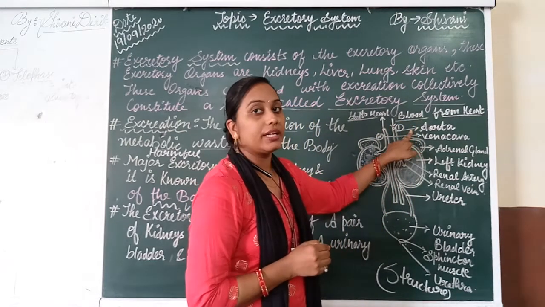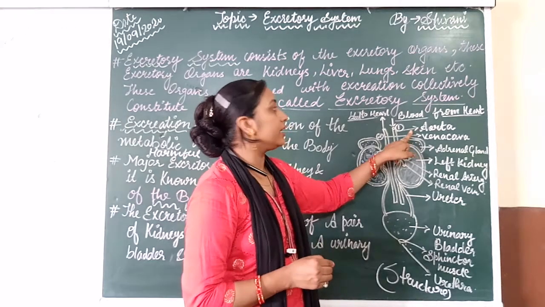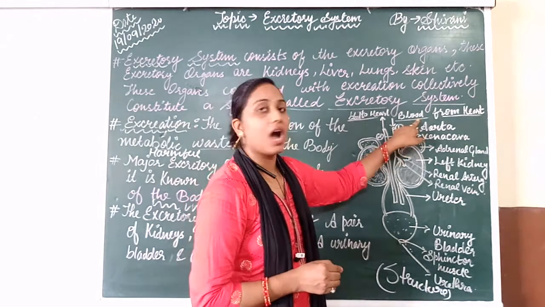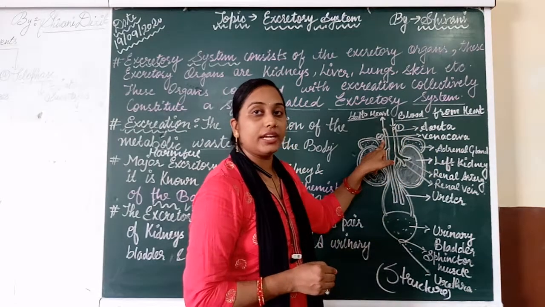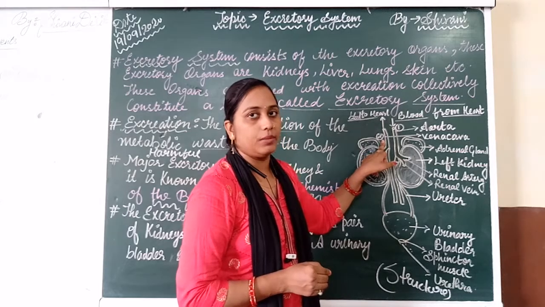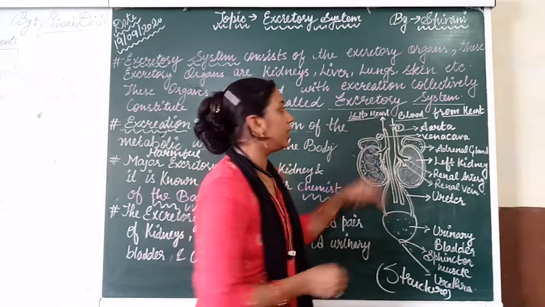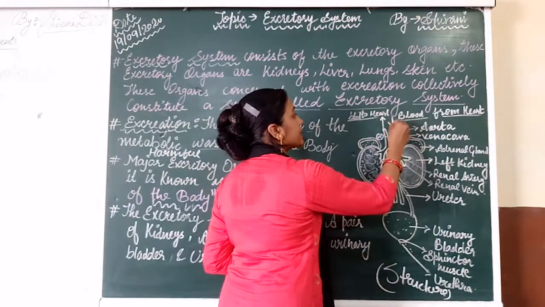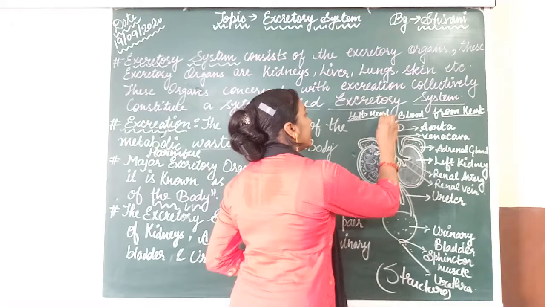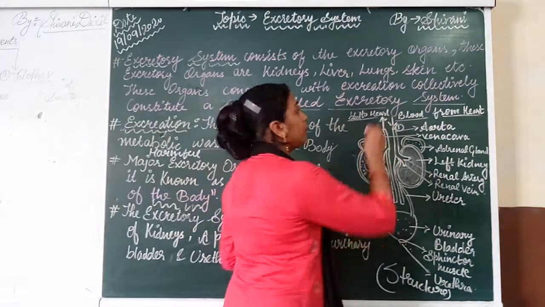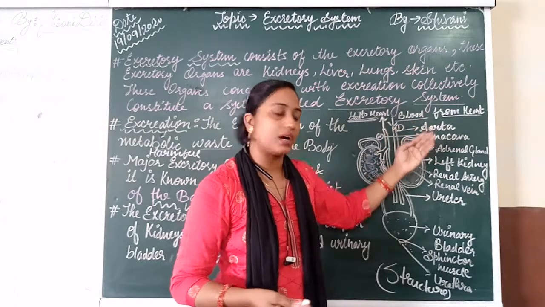The aorta carries oxygenated blood coming from the heart towards the kidney, and the vena cava carries deoxygenated blood from the kidney to the heart. This arrow indicates that blood is coming from the heart, and this arrow indicates that the blood is moving towards the heart.